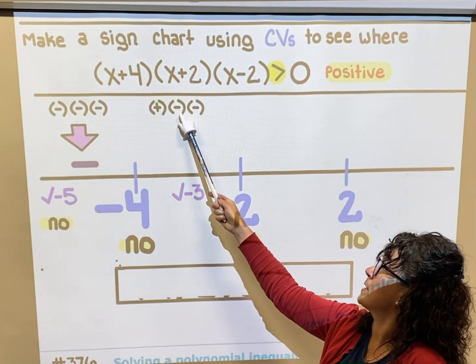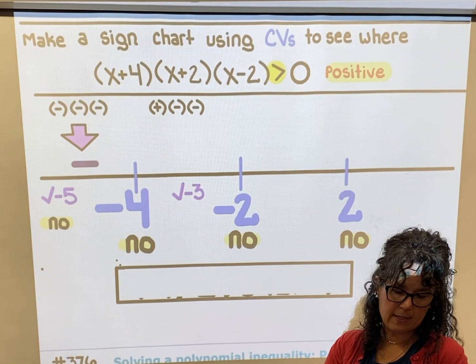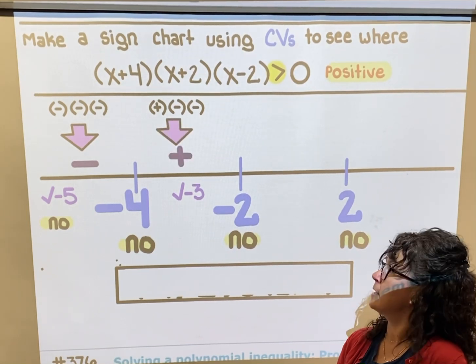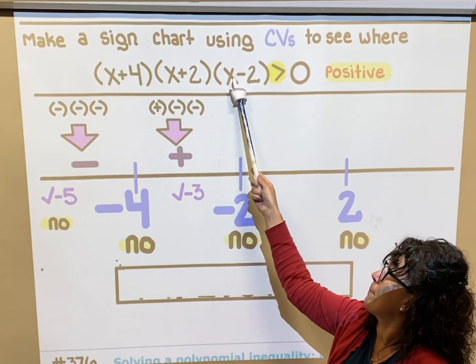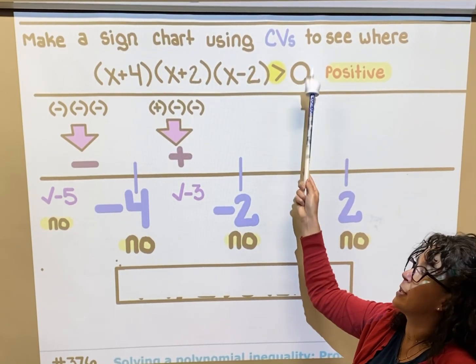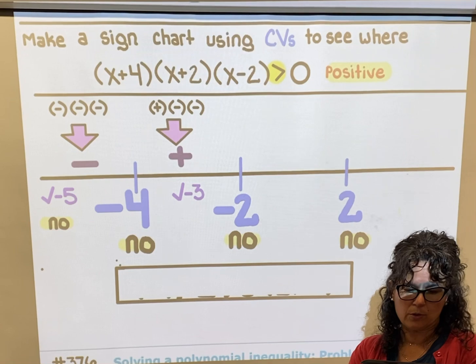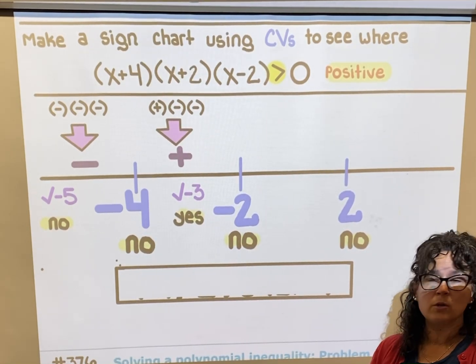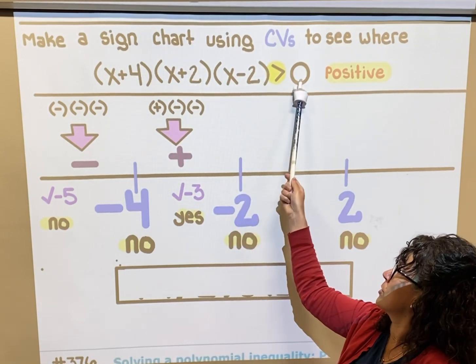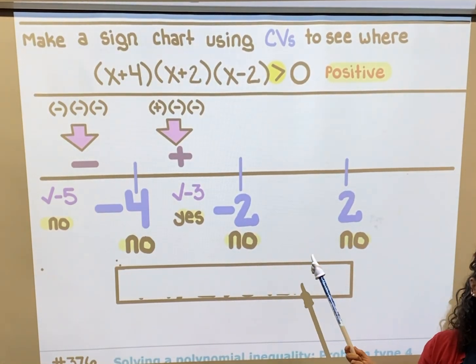And a positive times a negative is a positive. So plugging in negative 3 makes that positive. A positive is greater than 0. That's true. So every number between negative 4 and negative 2 make this true. Okay, so we just continue on like that.